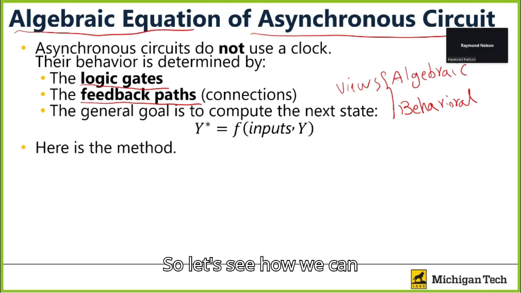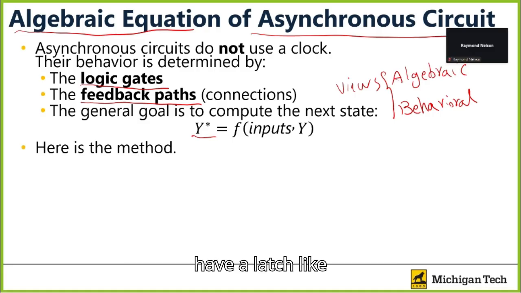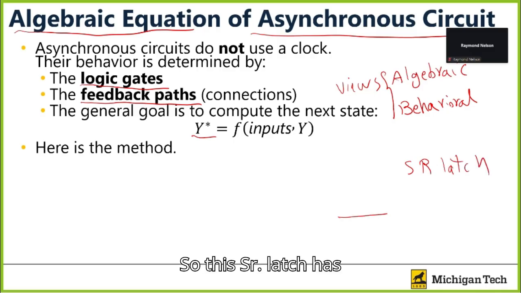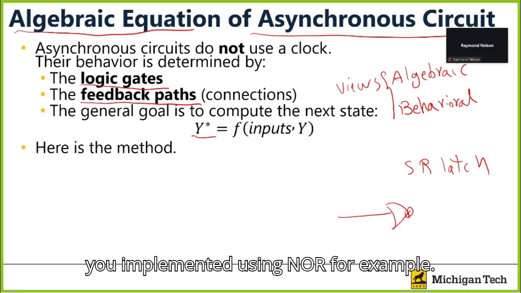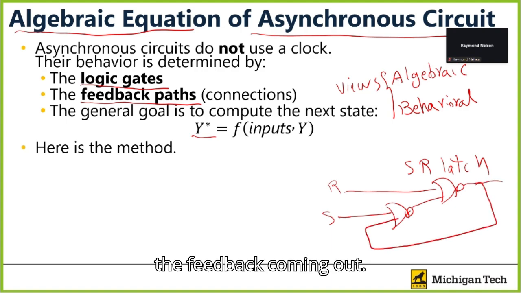So let's see how we can find this Y star based off the gates. For example, you have a latch like an SR latch. This SR latch is implemented using NOR gates, for example. You have two NORs, one for R and S, and the feedback coming out. We put Y star here and Y here.